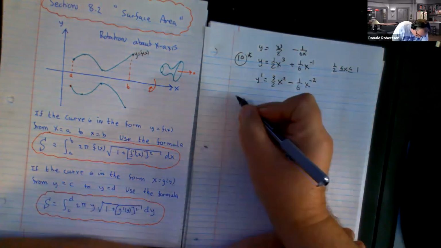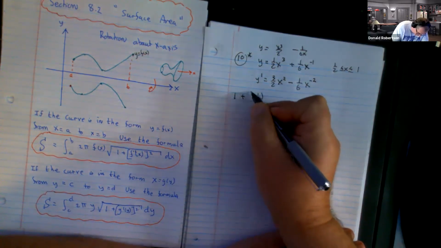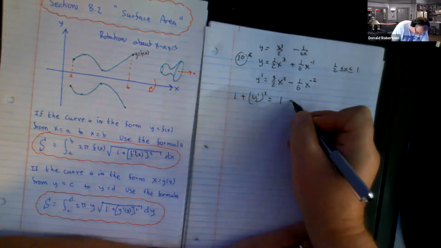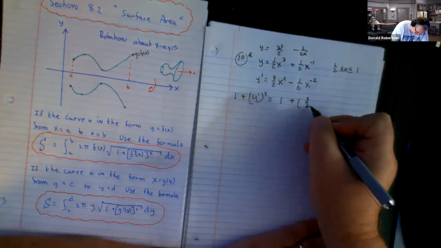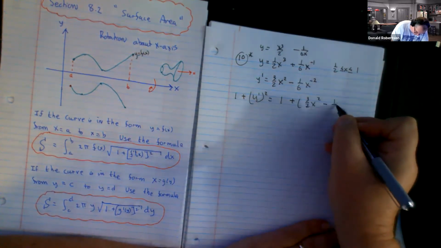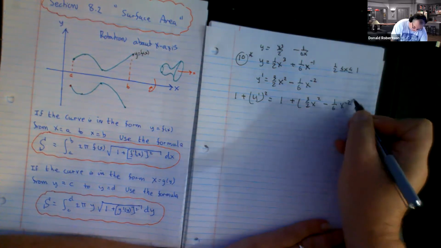I'm now going to do 1 plus the derivative squared. So it's 1 plus 3/2 x squared, take away 1/6 x to the -2 squared.